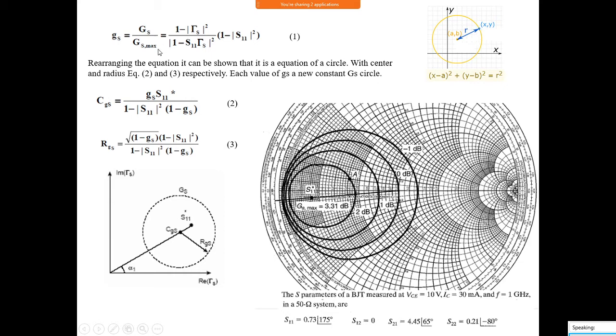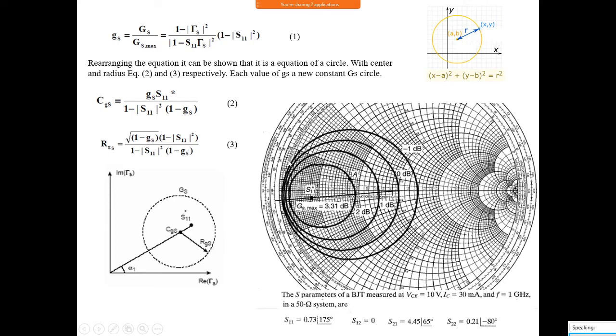Here what happens, if you vary zs, you will be getting the left hand side equal to the right hand side for different values of zs, not a single value of zs.